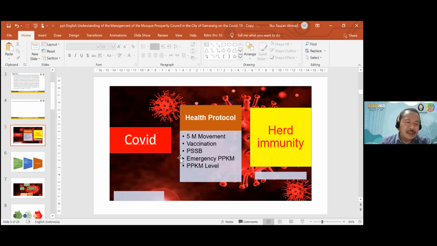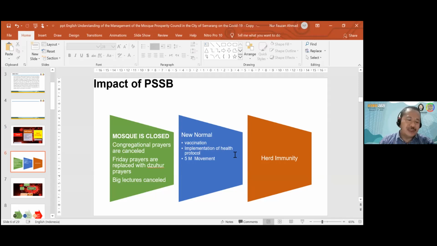However, with the new Delta variant, there has been a high increase in COVID-19 patients, including those who died. Enforcement of restrictions on emergency community activities, levels, mass vaccination, and health protocols were all in order to reduce the number of people with COVID and create herd immunity.